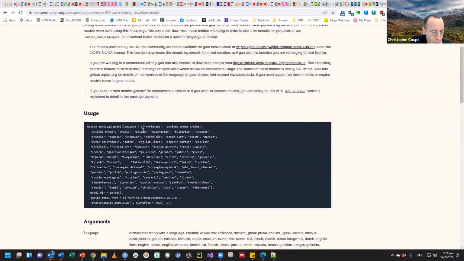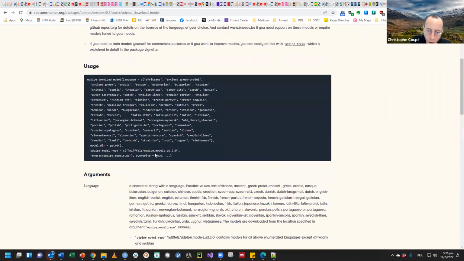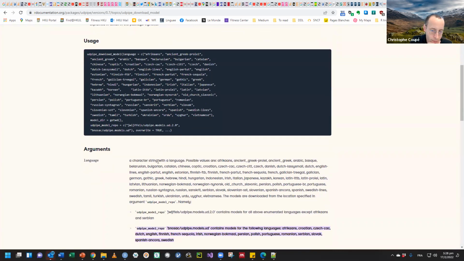And in UDPipe, you can choose between a number of languages. So it means that the functions of this package can work with different languages.